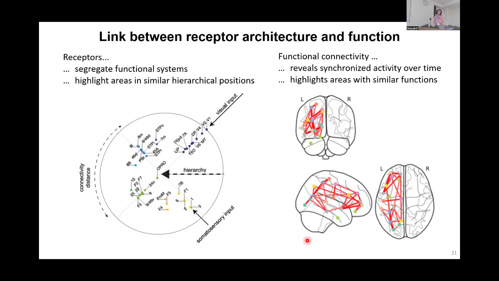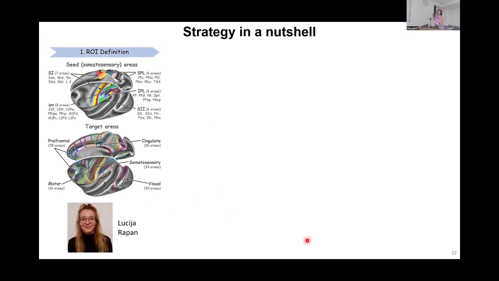What Mechi decided to do was compare her receptor data with resting state fMRI. To do this, she used her somatosensory areas as a seed region, and then all of the maps that we have identified up to now in our group as target areas.